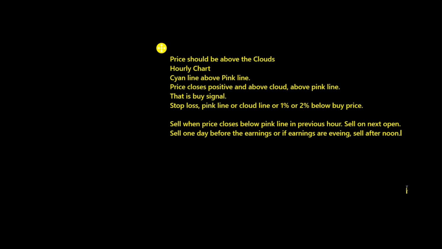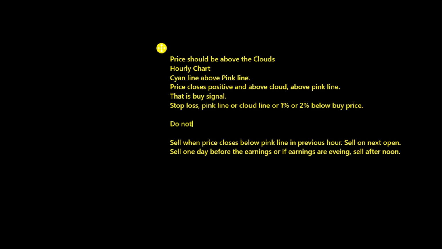That's the only exception you need to know. And also I would say don't buy 2 days before earnings. So if you follow these two exceptions and follow the other rules, you should be good to go. That's all. Thank you.